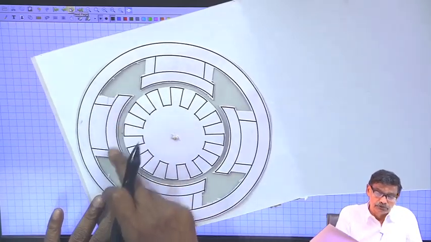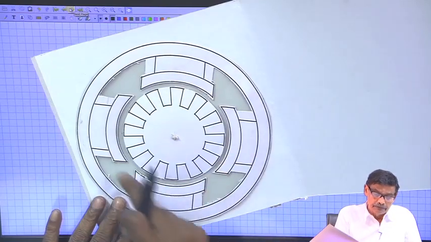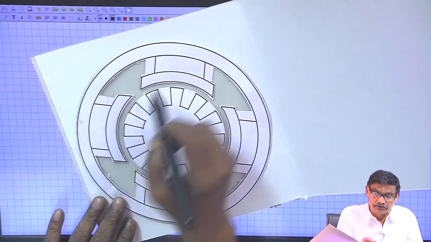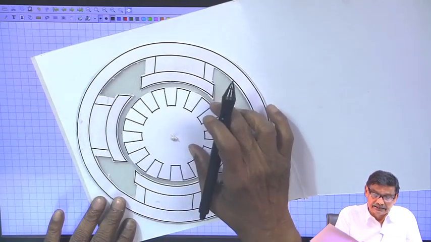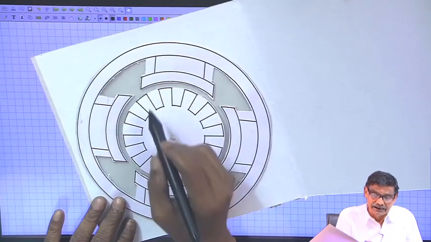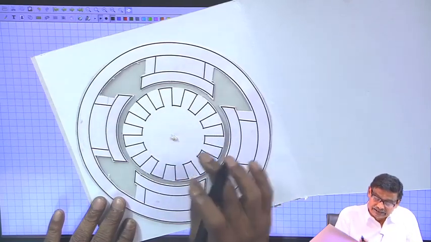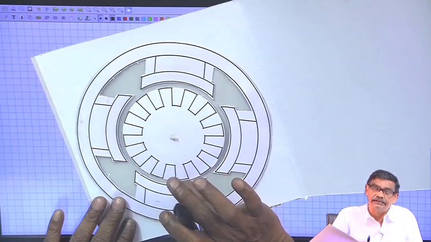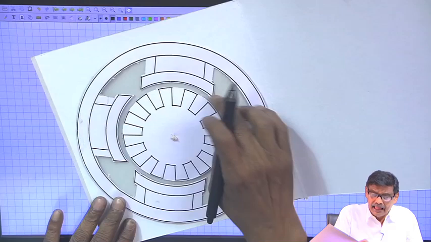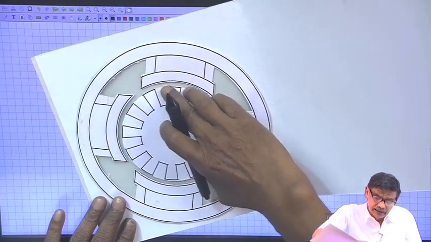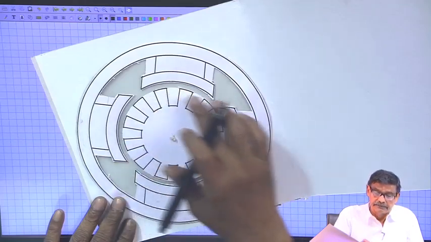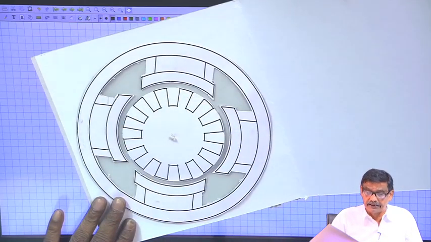These are the stator poles, where there will be coils around them to create north south, and this armature has slots and teeth where the conductors will be placed, and this whole thing has a length perpendicular to the plane of the paper, and this will rotate, and the conductors placed here will be the armature winding.